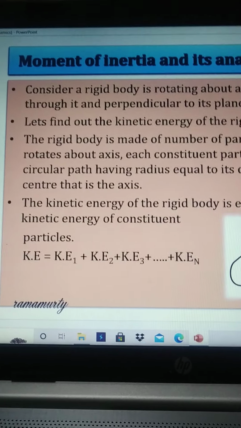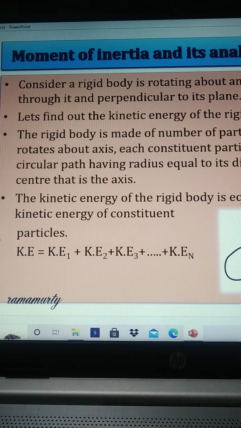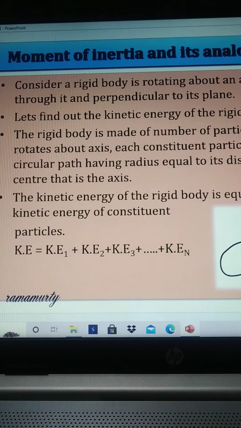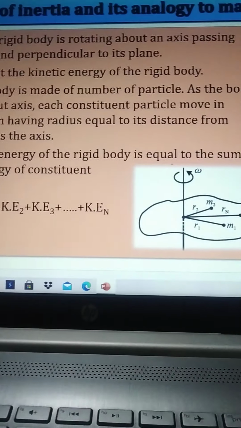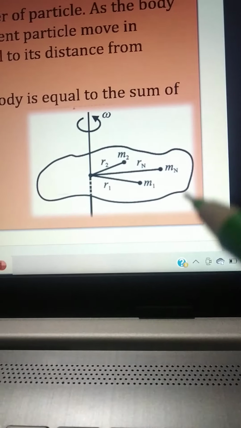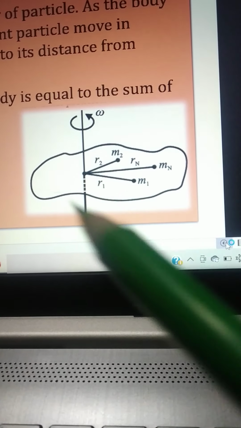the expression for the kinetic energy of a rotating body. When a body rotates, we can find its kinetic energy. Now see this figure. Any shape of rigid body is rotated about an axis of rotation with a constant angular velocity omega.